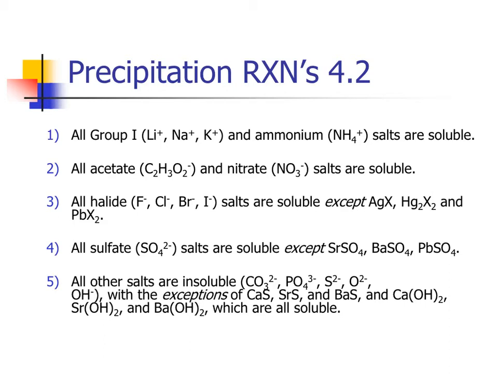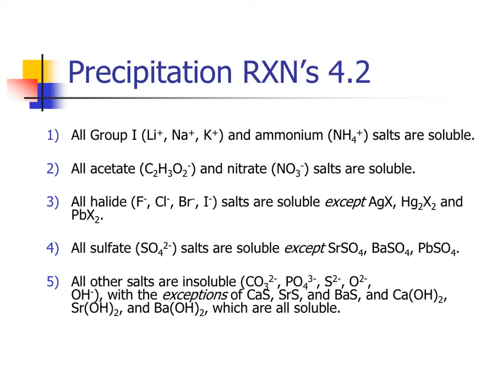When you see a compound that has a group 1 or ammonium and also has an acetate or a nitrate in it, it's soluble because of Rule 1. The acetate and nitrate help, but they're not the reason why.